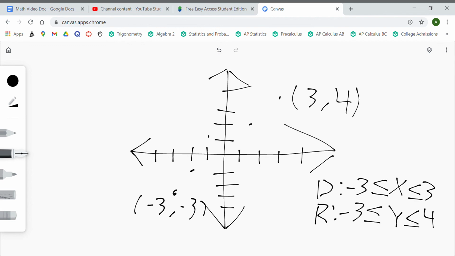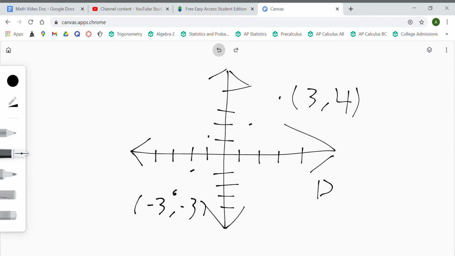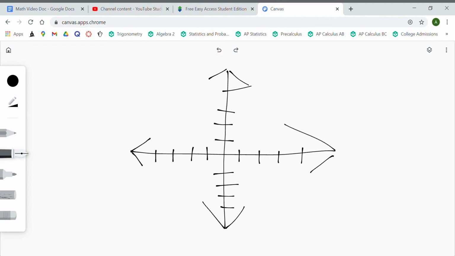Okay, so now I'm going to give you one more, and then we're going to close off for the day. All right, how about this one? What is the domain and range of this function?